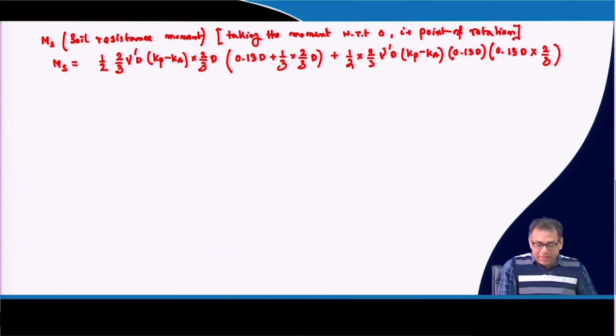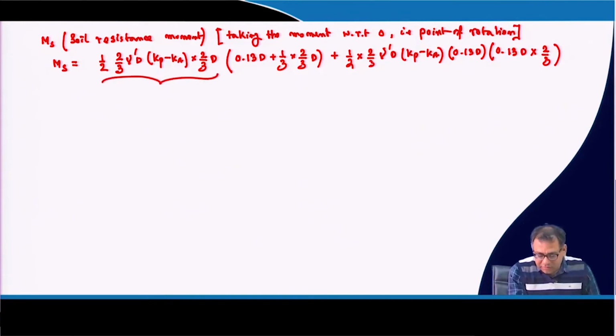And when we are talking about this moment, these forces are in kilonewton per meter cube, and multiplied by d, so this will be kilonewton per meter. So, these forces are in kilonewton per meter.